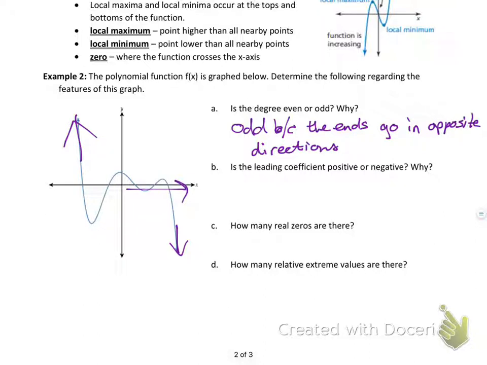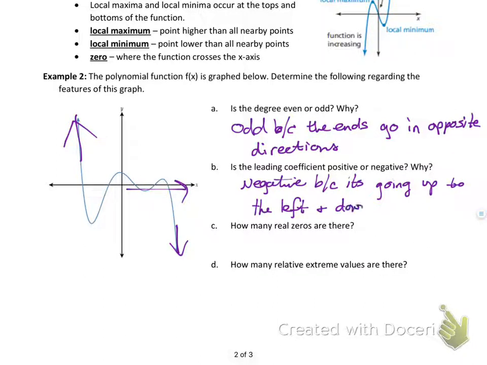Okay, so the answer is that it's negative because it's going up to the left and down to the right.